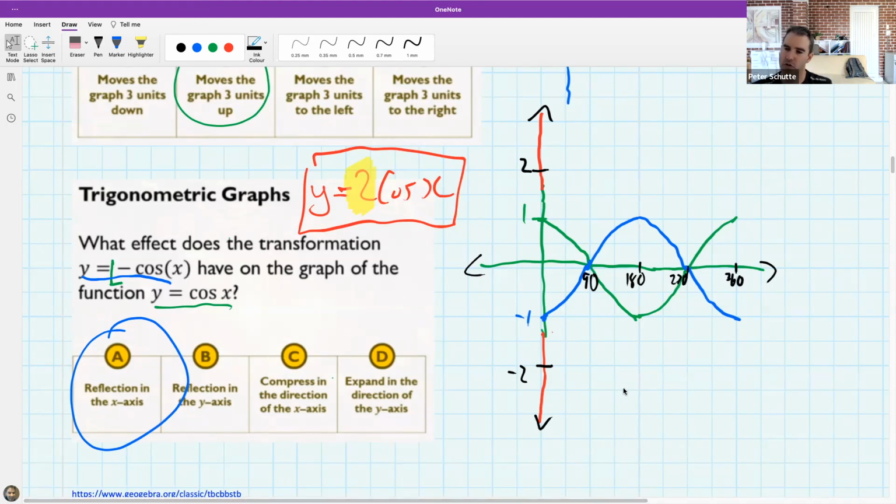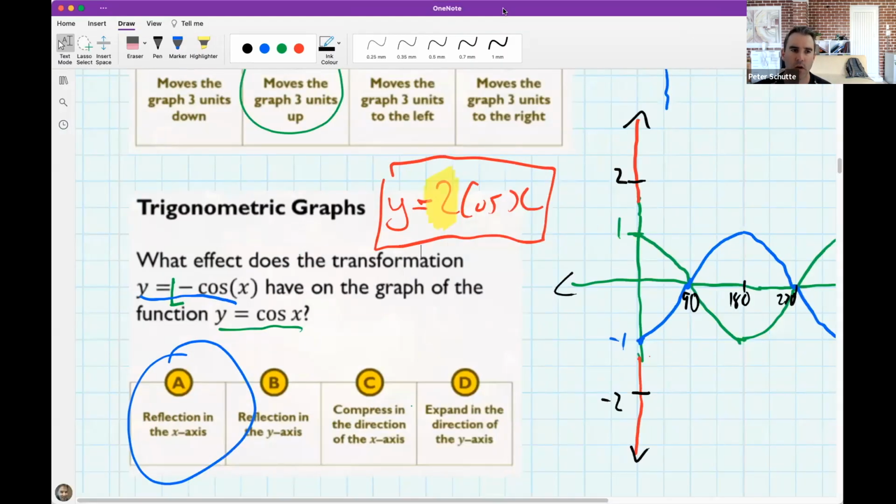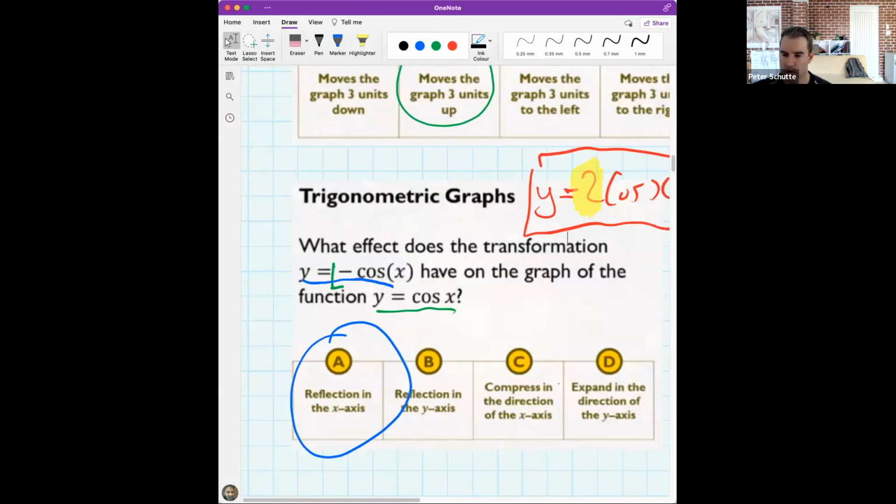What do you think the 2 is causing? Aha.